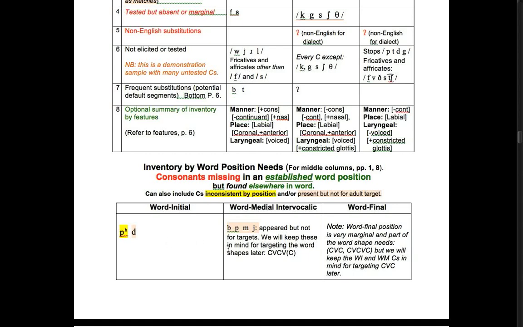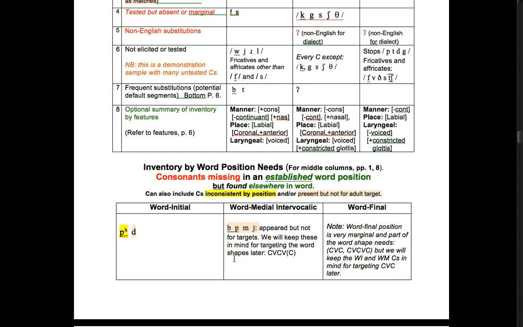Therefore, B can be placed in the word medial cell as a potential goal to be targeted because its presence word initially suggests that the sound is stimulable elsewhere. We can also include inconsistent sounds and those that appeared for consonants other than targets. Essentially, if a sound is a strength or inconsistent in at least one word position, it makes sense to see if that sound can be moved to a new location as one type of goal.